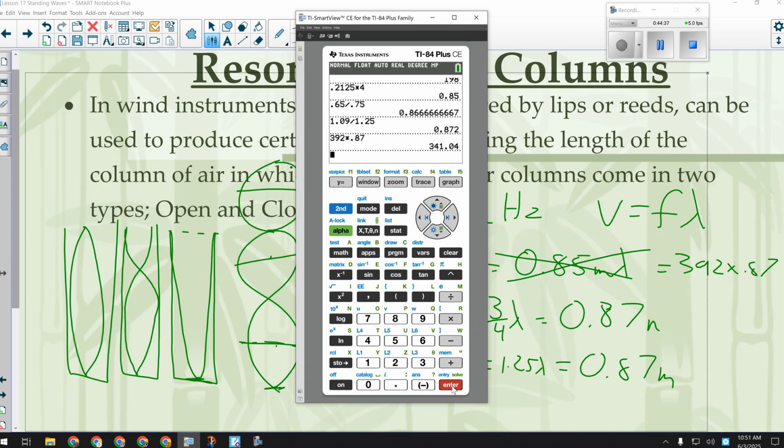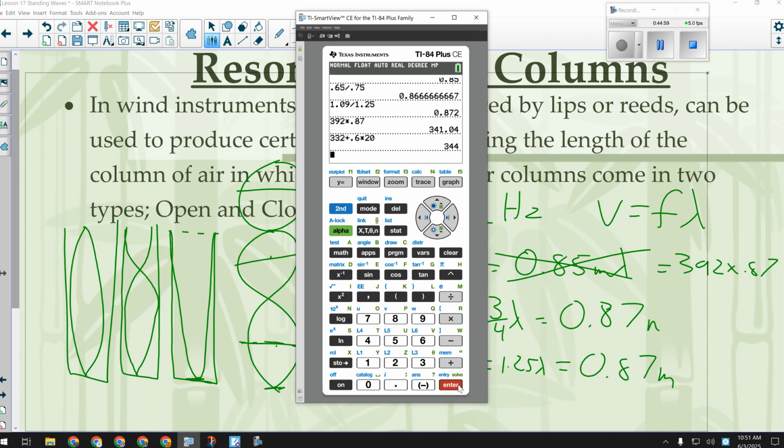Given that it's probably about 20 degrees in here, that's not too bad. We are at altitude, that does affect it a little bit. But that is right about what the speed of sound should be.